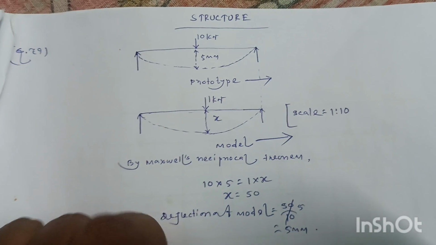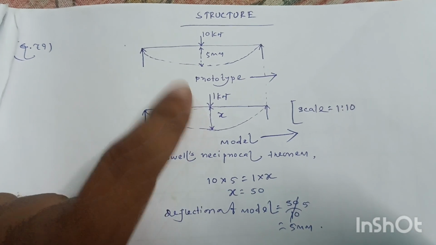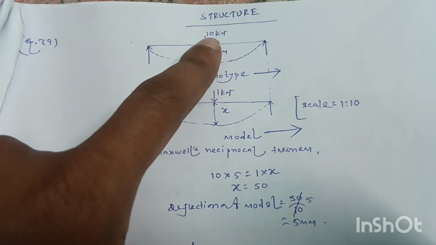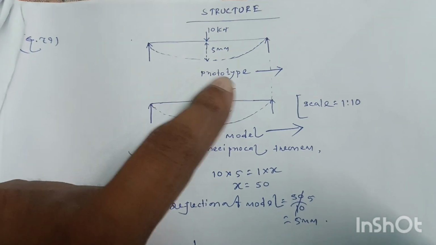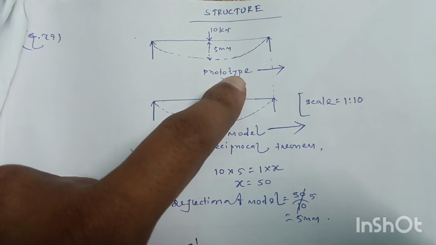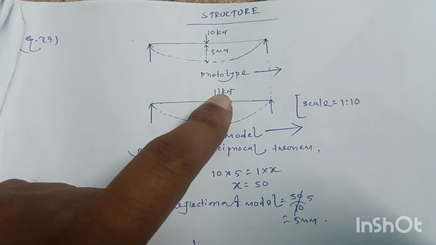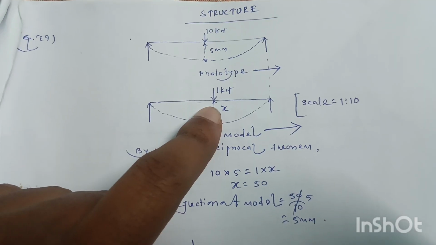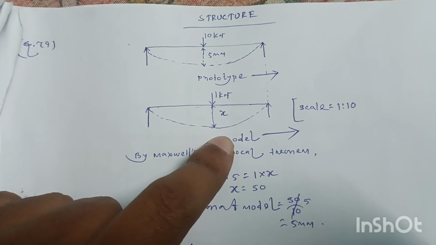So by Maxwell's reciprocal theorem we can write this load, this central load multiplied by this deflection in prototype simply supported beam is equal to this central load 1 kN multiplied by the central deflection x mm in model of the beam.